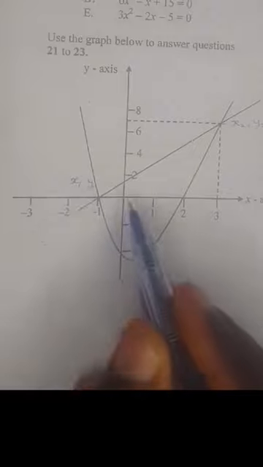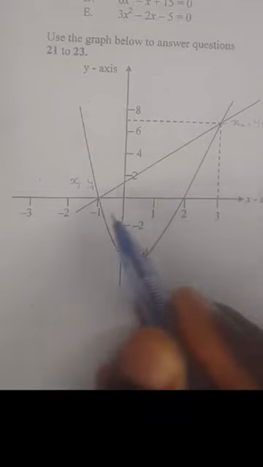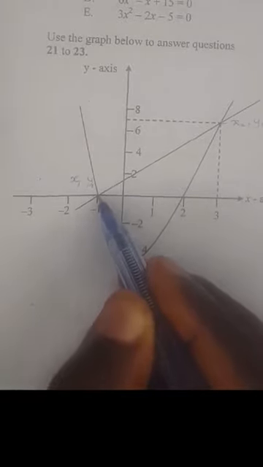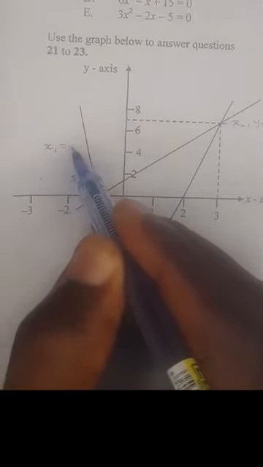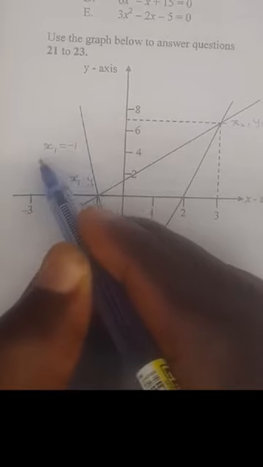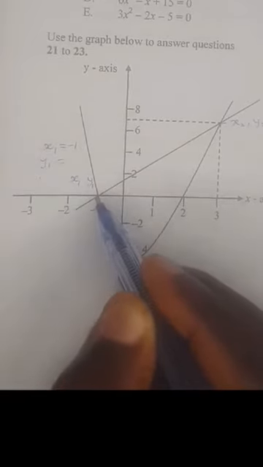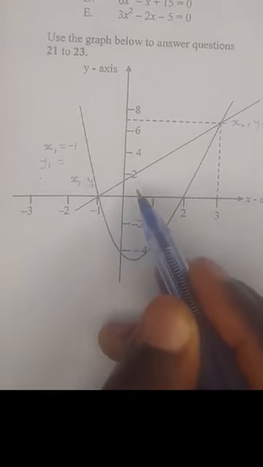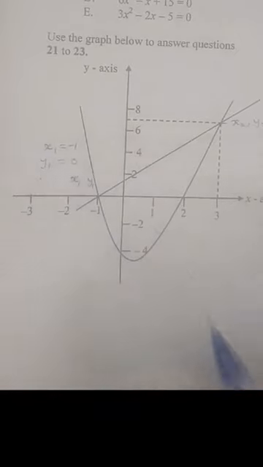The x1 is on the x-axis, and on the x-axis it touches the quadratic graph at -1. So my x1 is equal to -1. But then, what is y1? y1 at the point -1 is equal to 0. That is, when y1 is equal to 0, x is equal to -1. So y1 is equal to 0.